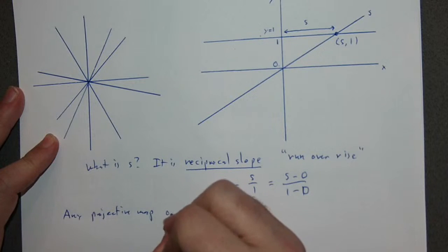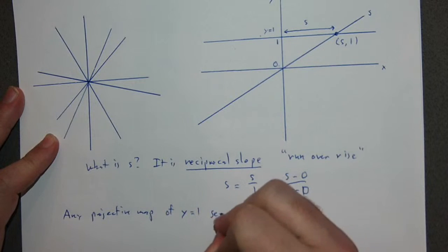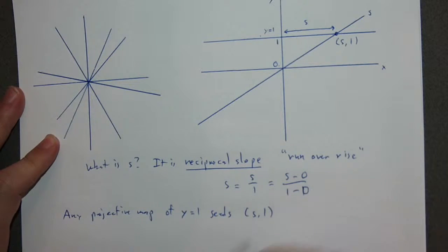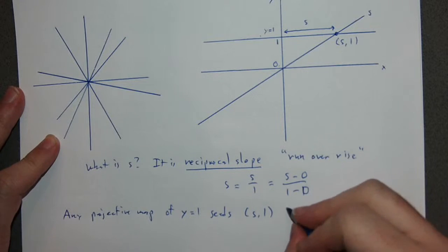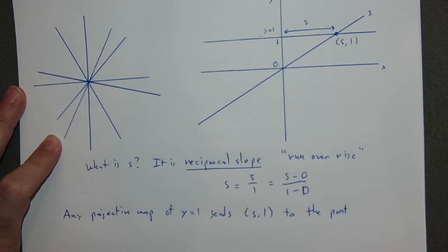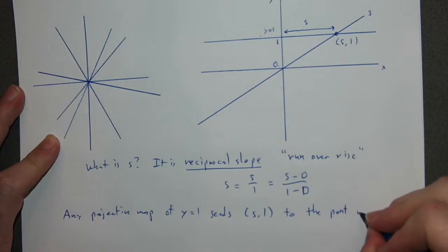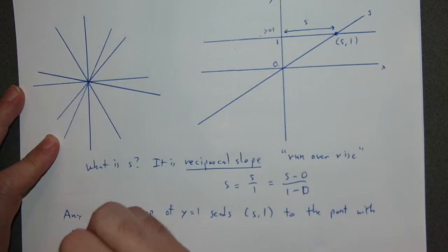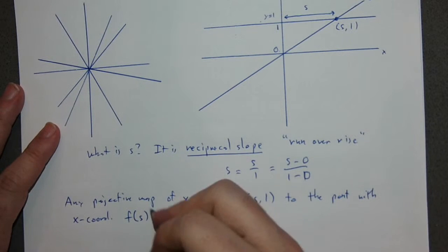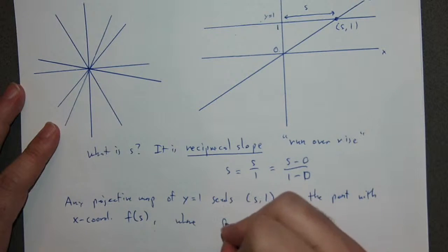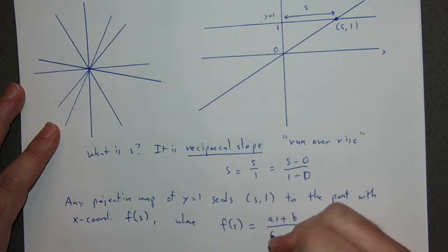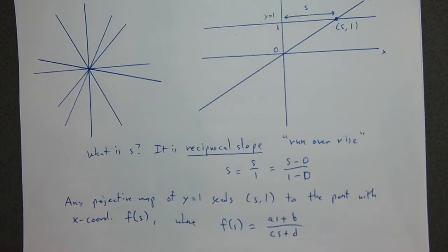Any projective map of y equals 1 sends the point (s, 1) to the point with x-coordinate f(s), where f(s) is exactly this fractional linear transformation, (as plus b) over (cs plus d).